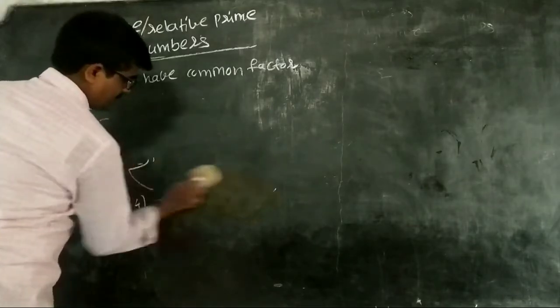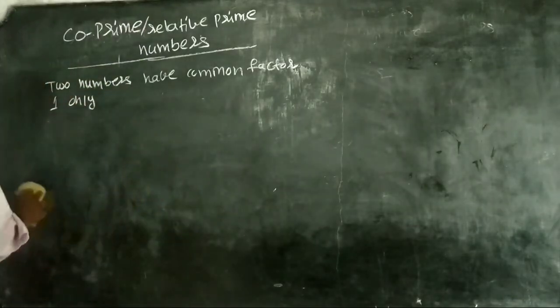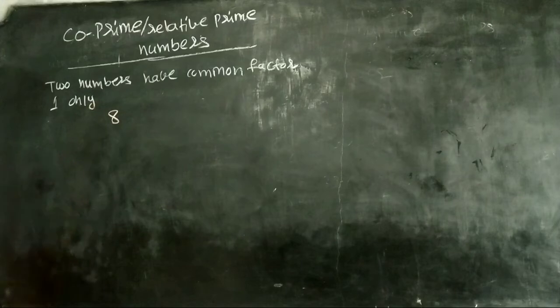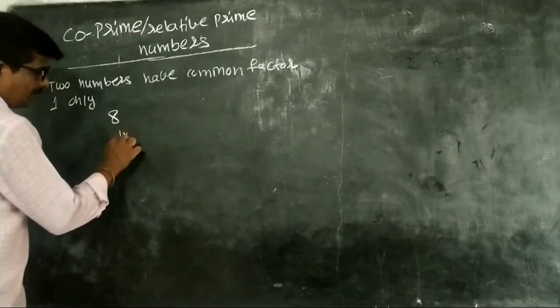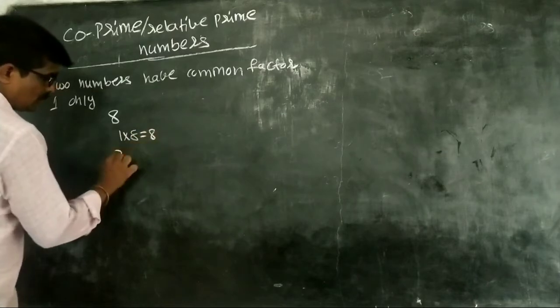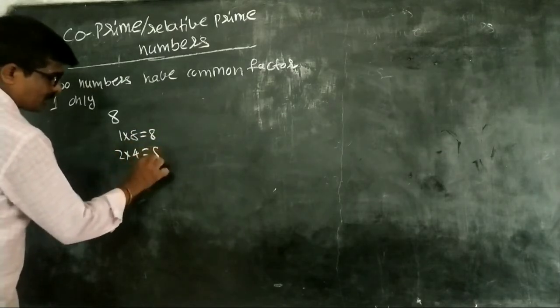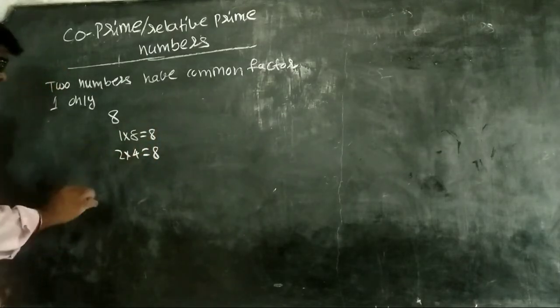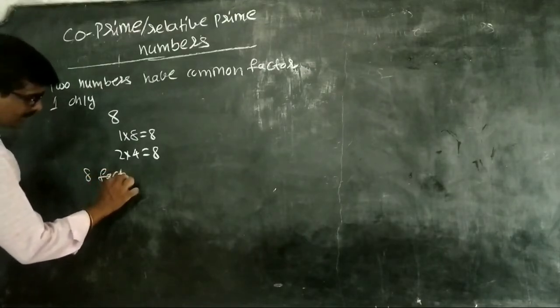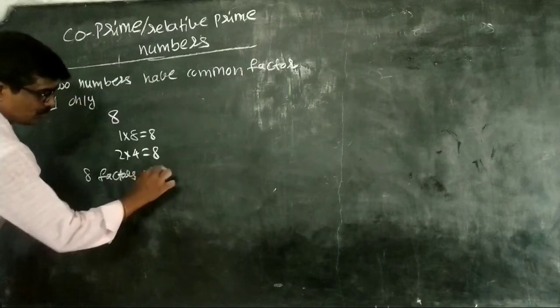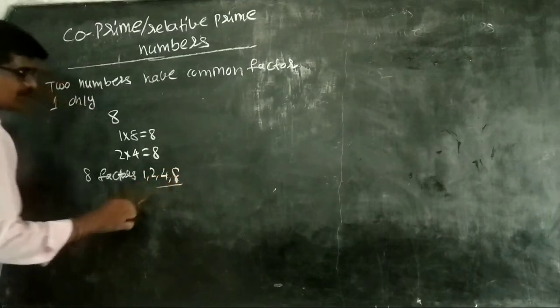Take another example. I will take 8. So for 8 you write 1 times 8 is 8, 2 times 4 is 8. The factors of 8 are 1, 2, 4 and 8.